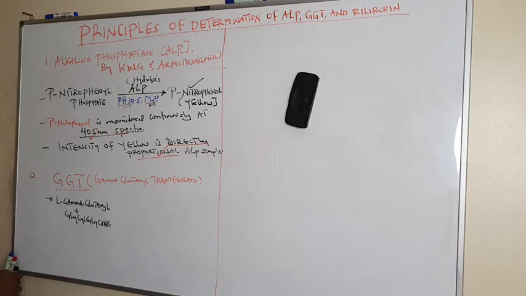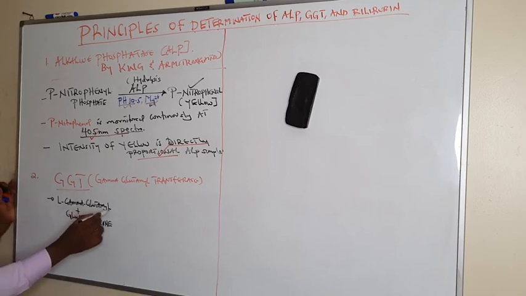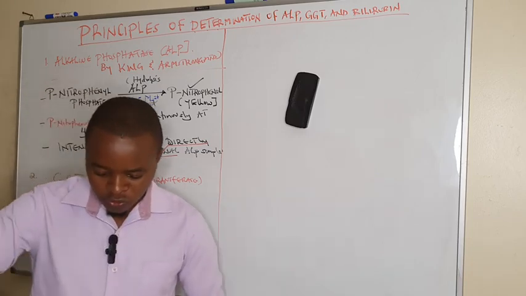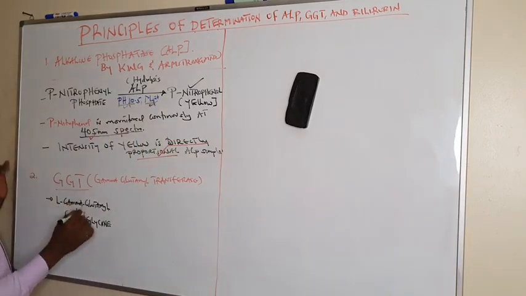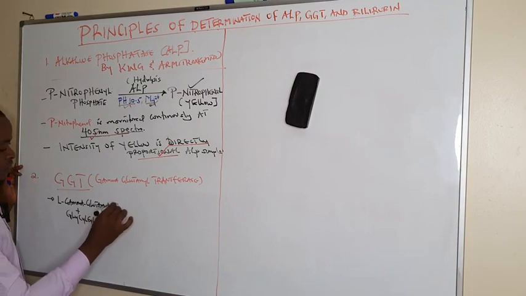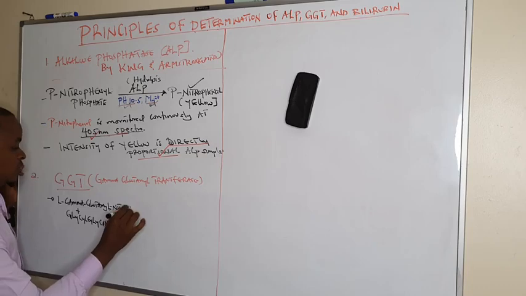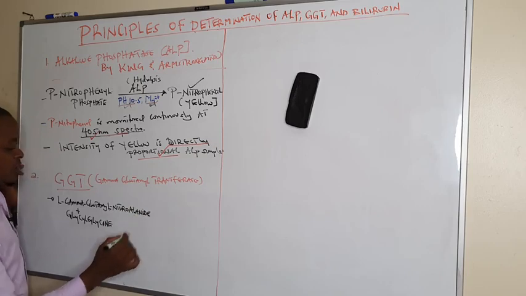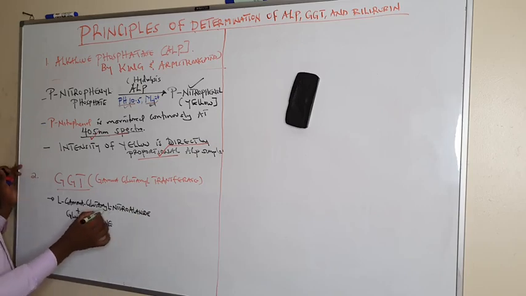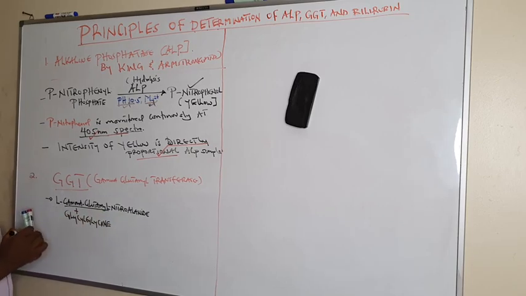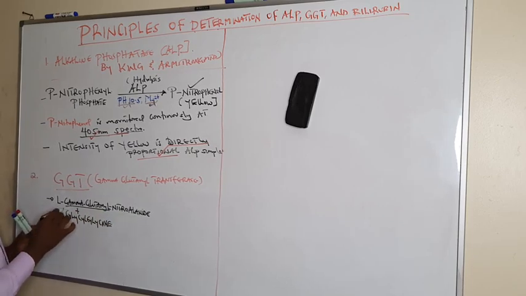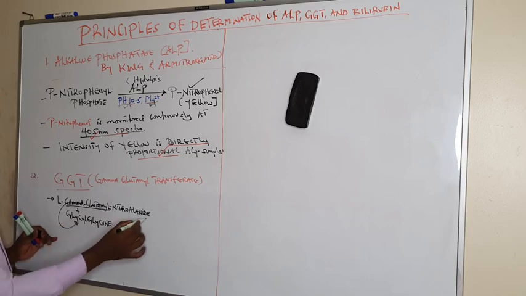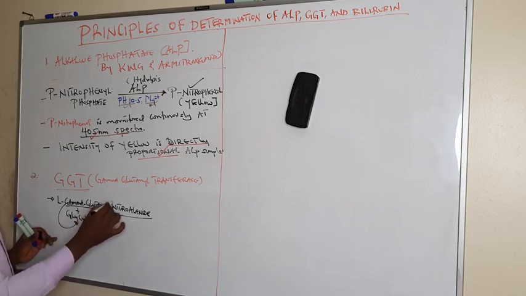So what it does, it transfers the gamma glutamyl group from gamma glutamyl nitroanilide. It is going to remove this gamma glutamyl and transfer it to the glycylglycine, and it leaves nitroanilide alone.